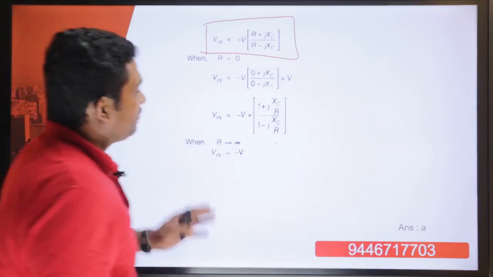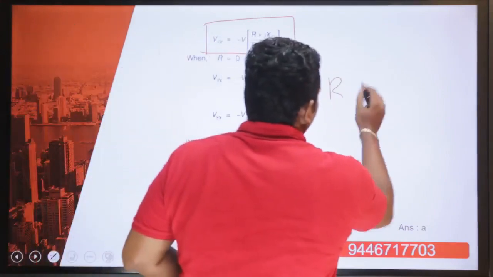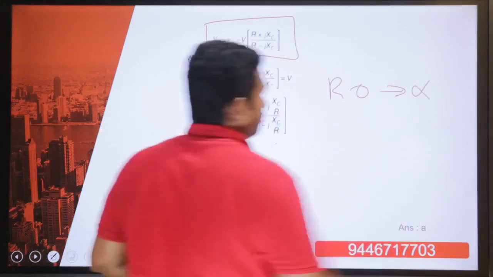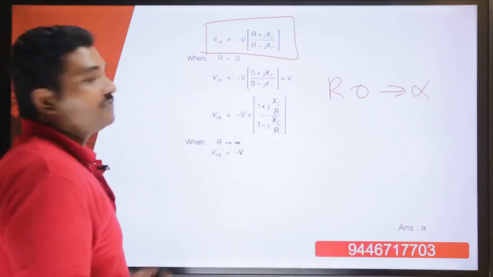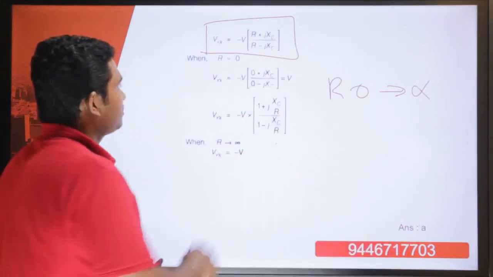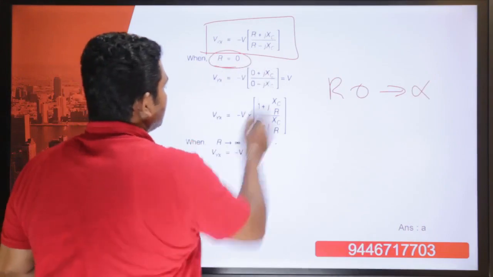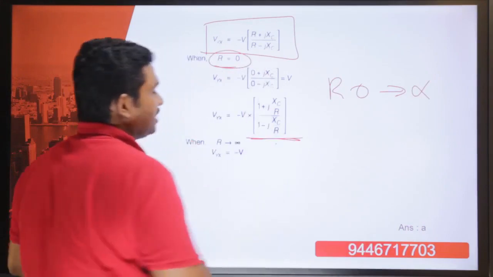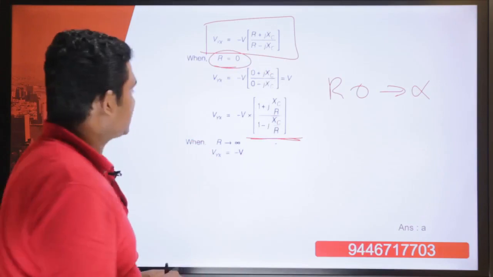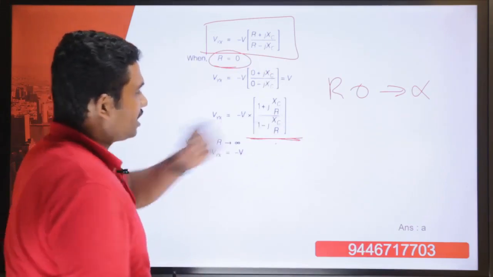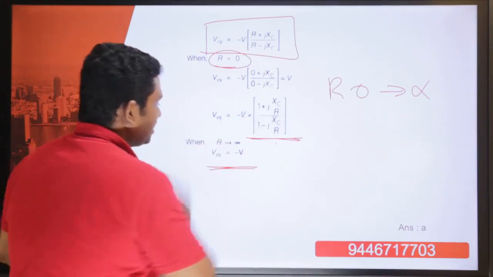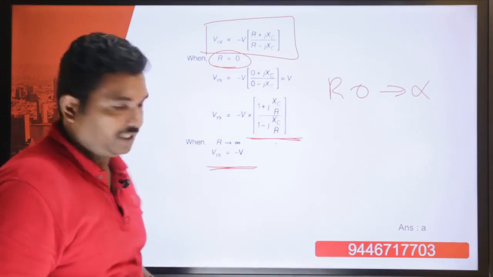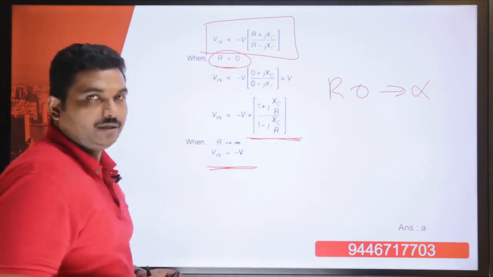Now we are varying R from 0 to infinity. So we are going to substitute first the case R is equal to 0. When you substitute R is equal to 0, you will get an expression for Vyx. And then you substitute R is equal to infinity, then we will get Vyx is equal to minus V. So these are our two values.